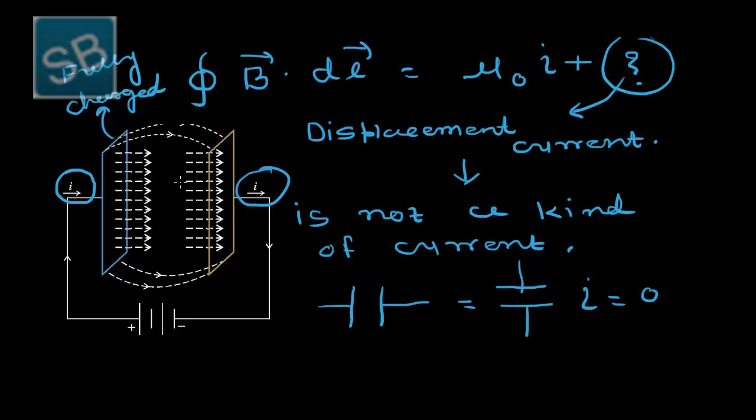Then the current will become 0. And in order to find the value of the current, you can connect a meter over here and measure the value of the current. So it is very easy. But if the capacitor plates are put very close to each other, then what happens?